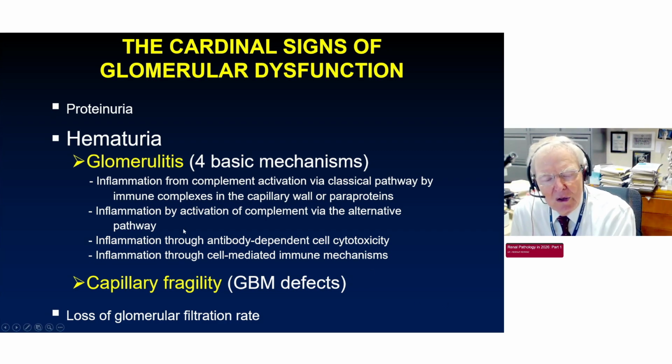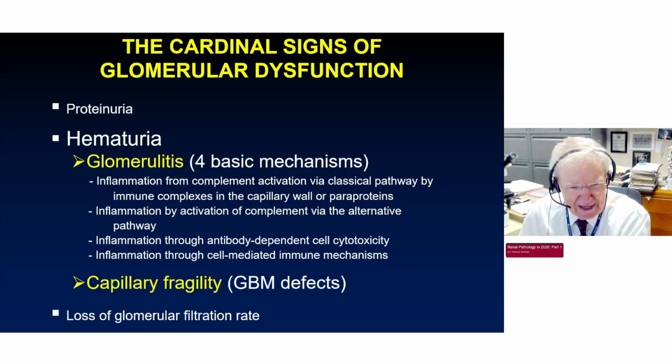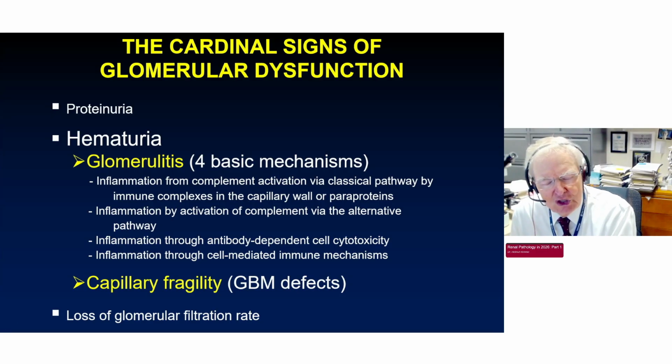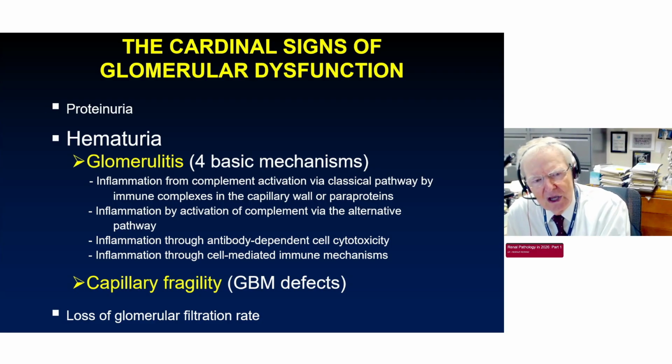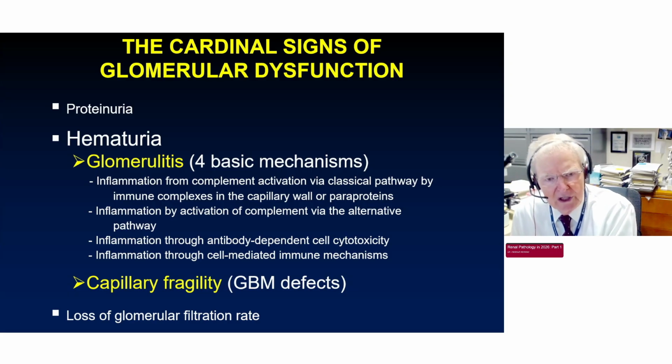There are also patients that have fragile basement membranes, like collagen 4 defects. The Alport syndrome is a classic example of that, in which the capillaries are fragile. And so, even under normal circumstances, you have breaks in the capillaries that result in red cells contaminating the ultrafiltrate and eventually the urine.